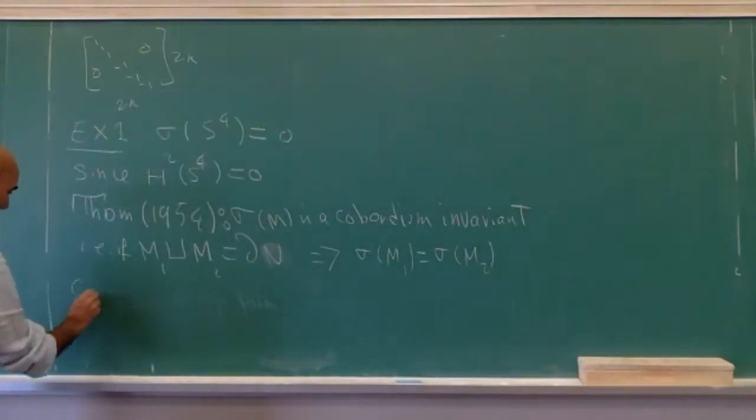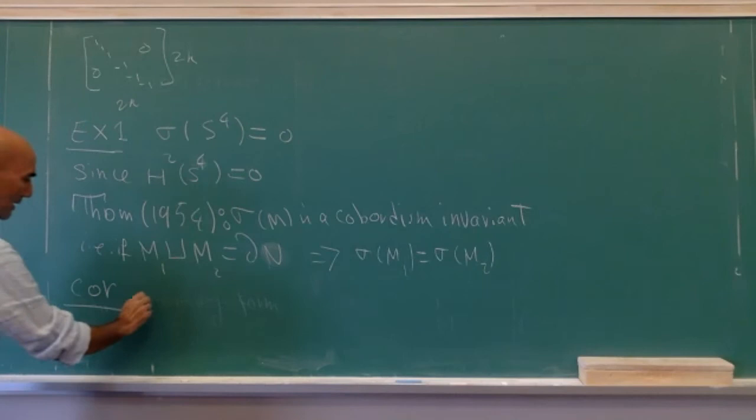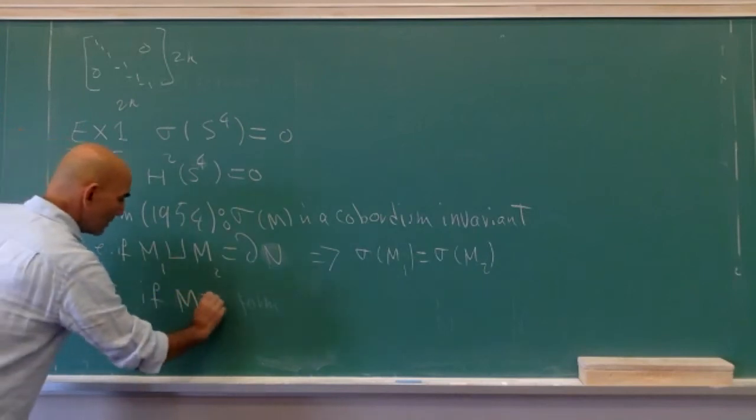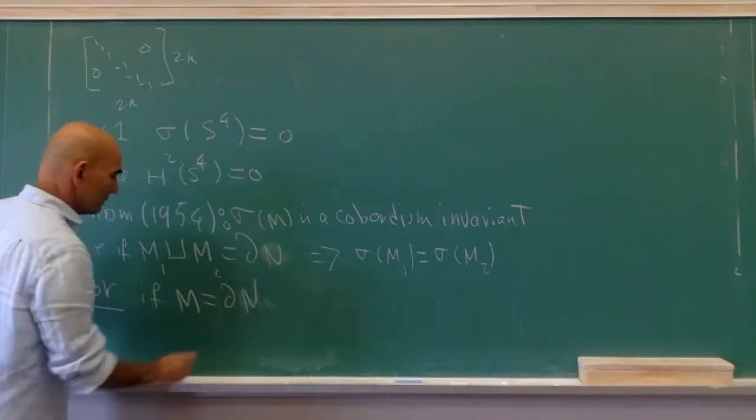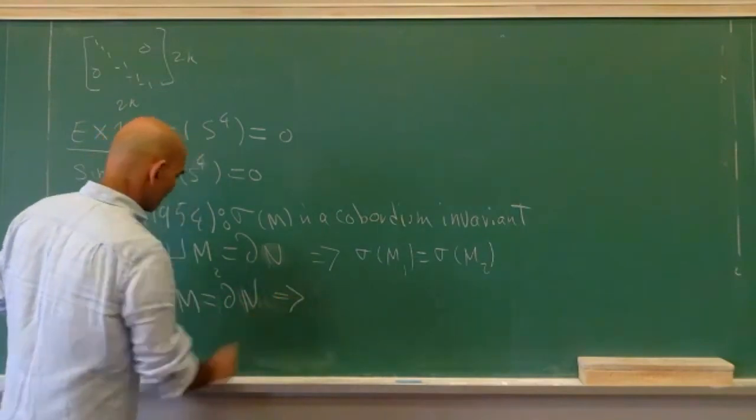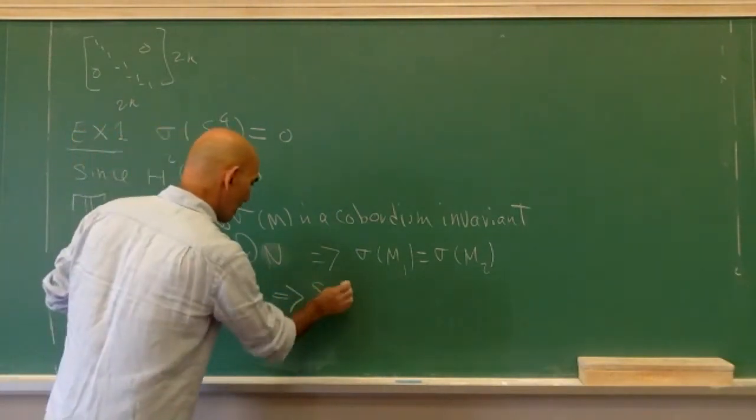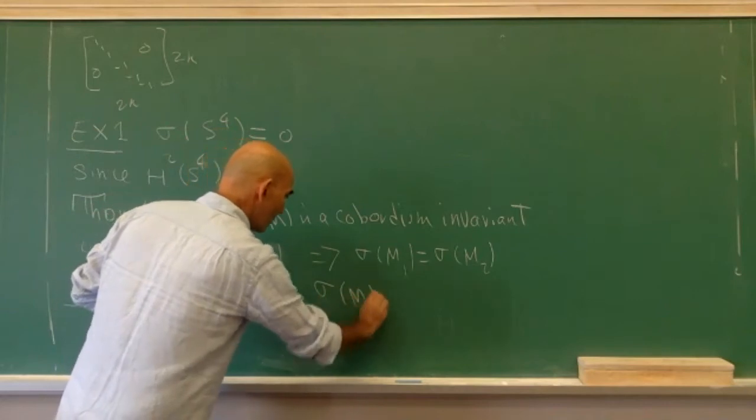So the corollary, in a sense, is that if M is equal to the boundary of N, then the signature of M is equal to 0.